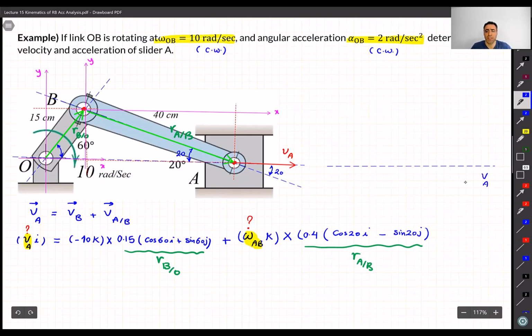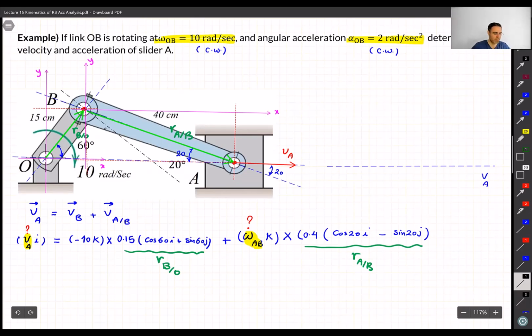I don't know if it is going left or right, but I know at least VA is on this line. What about VB? We know B is rotating about point O. It is on a circle, and we know that this has to move on a line which is perpendicular to OB. Let me draw that line.